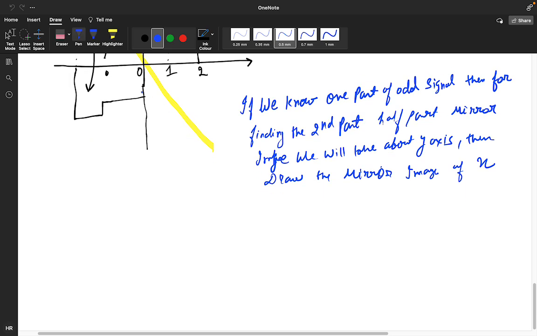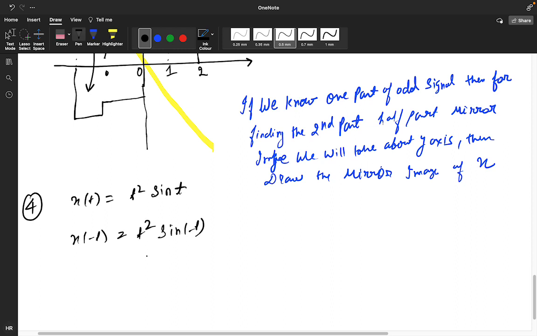Now the next example, the fourth example, is x of t equals t square sine t. What if you put x of minus t, what do you get? T square sine of minus t, and sine of minus t is minus sine t, so you get minus t square sine t.